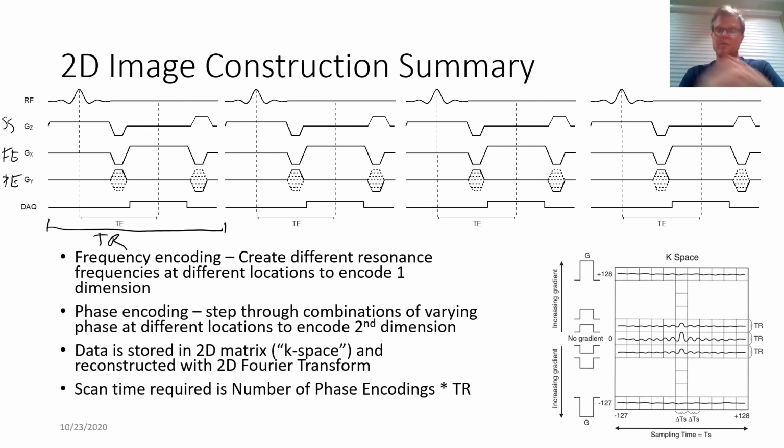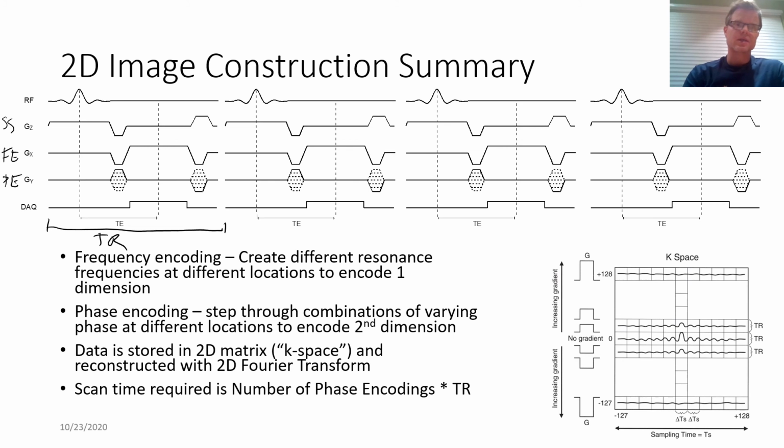So it turns out we've got to do multiple phase encoding steps to fully resolve an image. And I'm going to illustrate here how we end up storing this in what's called our 2D matrix, which is going to be our K-space data, which will continue to define what K-space is in the coming chapters.